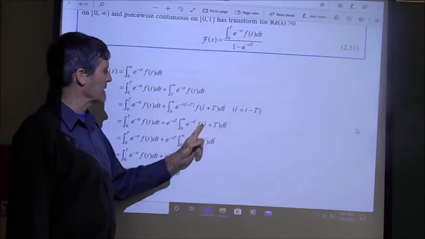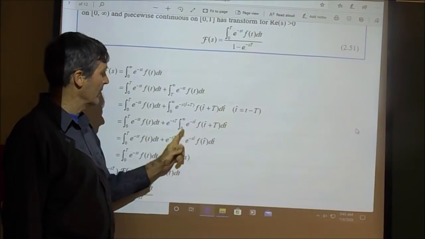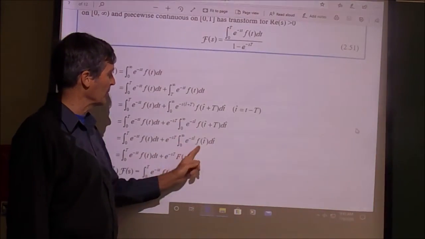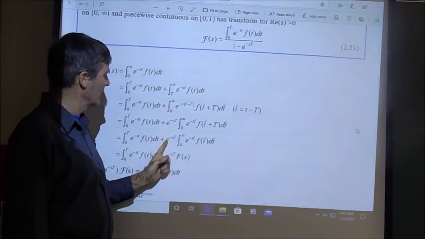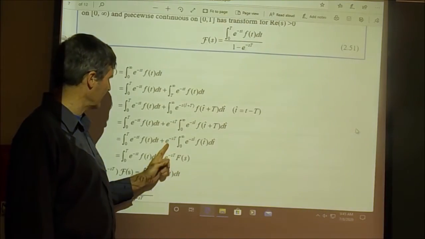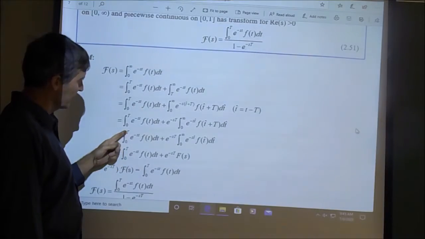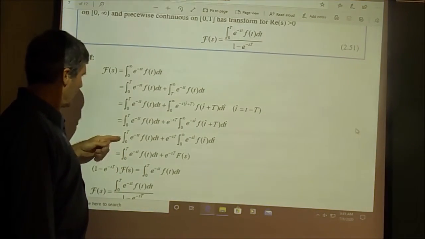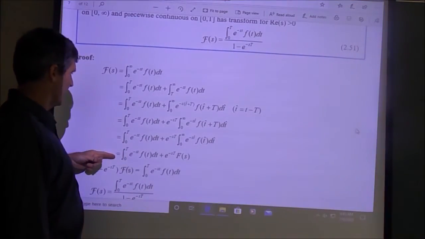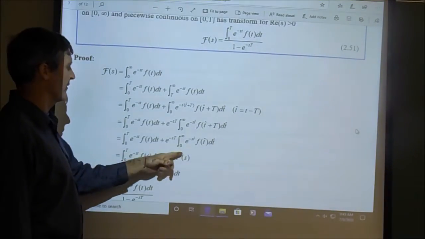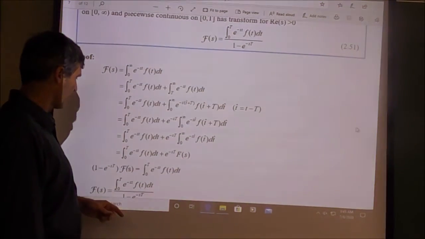But f(t hat plus T) is f(t hat). So this here is just the Laplace transform of f, multiplied by e to the minus sT, and then add the integral from 0 to T. And if you went to infinity, it would be the Laplace transform. All right, now a little algebra. We'll call this F(s), that's the Laplace transform.